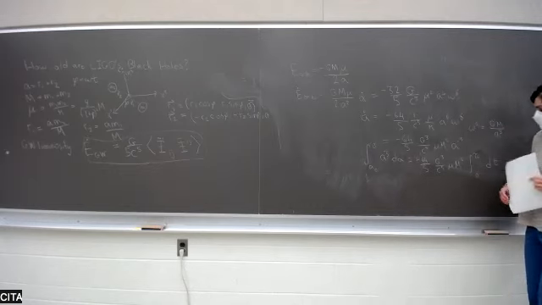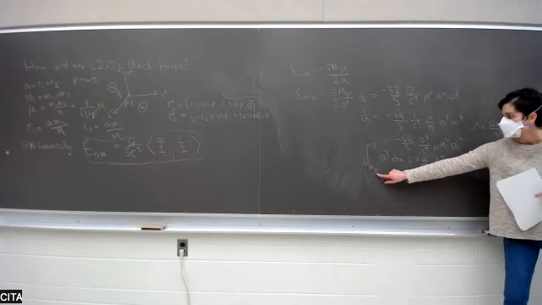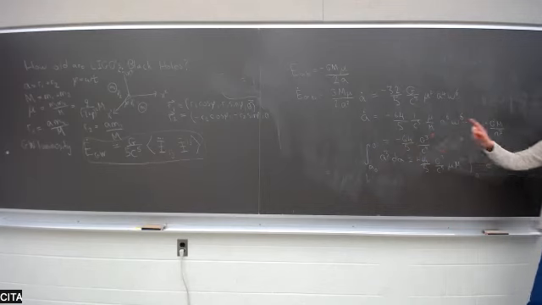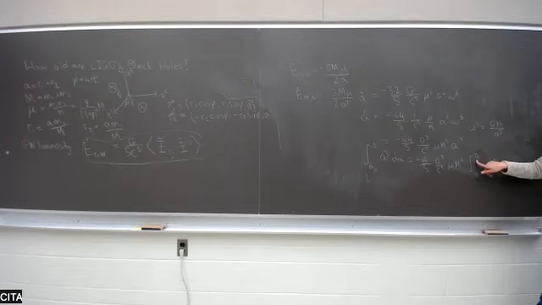So I'm assuming that this system evolves from A naught to A equals 0 when the time evolves from 0 to the coalescence time, tau c.